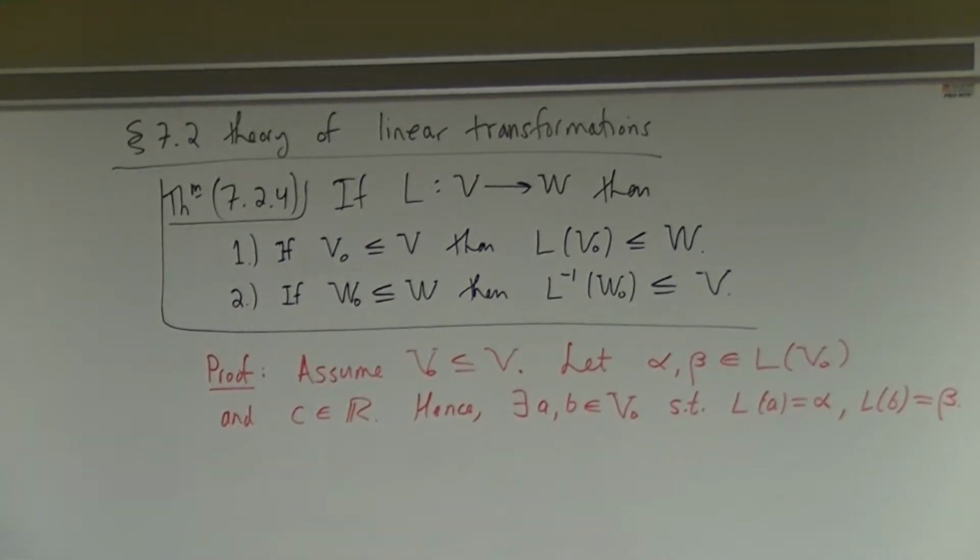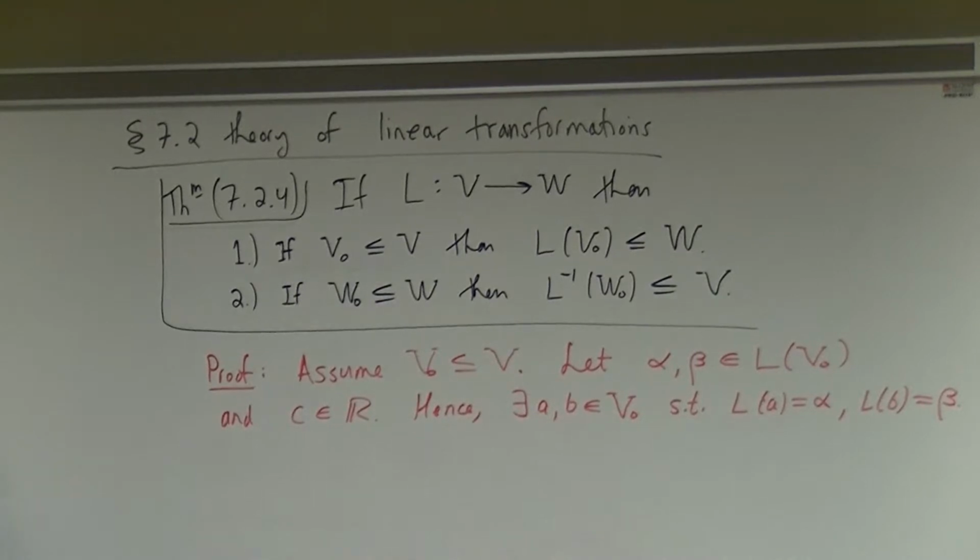By definition of the image L of V naught, this is what that means. L of V naught is the set of all possible outputs under L of inputs from V naught. Anything in L of V naught must come from something in V naught.